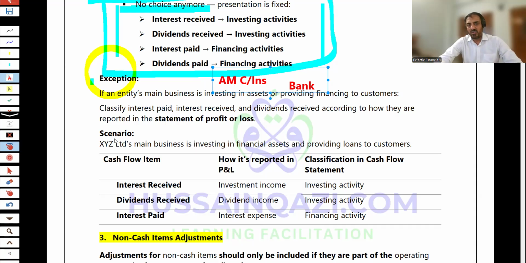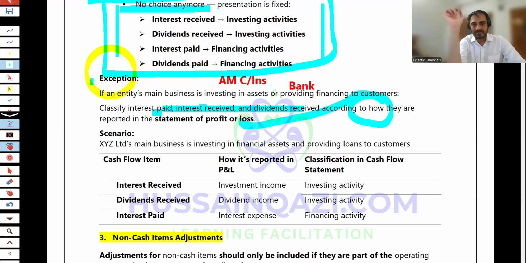Here a simple rule. The rule is very clear. Interest paid, interest received and dividend received are reported according to how they are reported in the P&L. So the exception is about interest received, interest paid, dividend received, not about dividend paid.